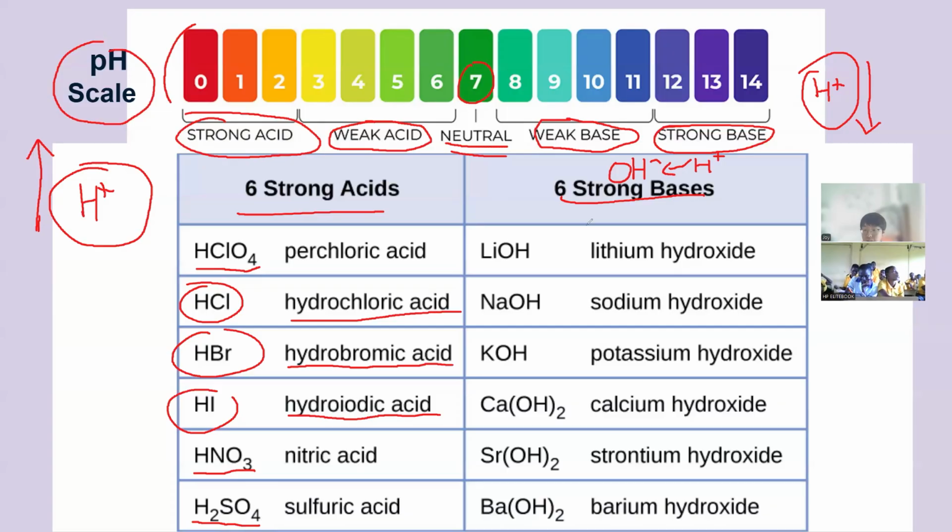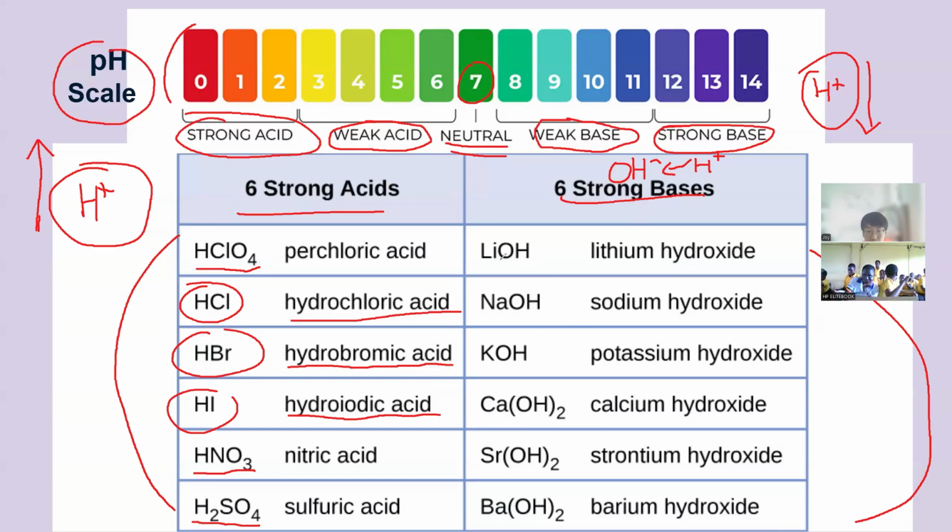On the right, I'll let you write this down. If you have a note or a piece of paper, you can write down the strong acids and strong bases on your notes, if you want to.